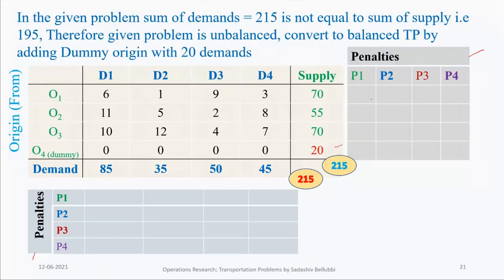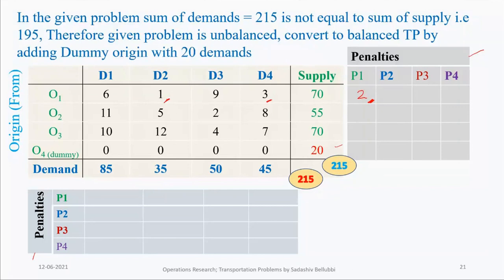For the first row, that is origin 1, we need to identify which are the two minimum numbers. One is a small number and the next one is 3. What is the difference of these two? The difference is 2.